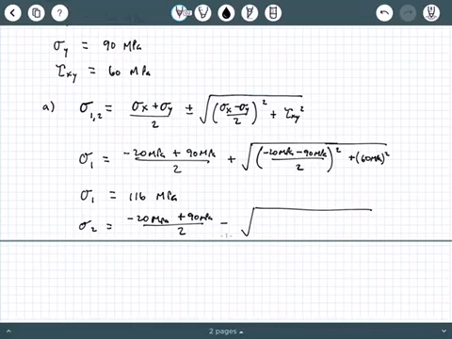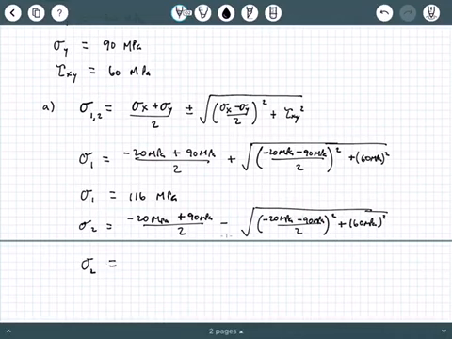So I think you should make sure you check that and make sure you get the same number that I get for sigma 1. And then sigma 2 is going to be a similar formula but with a negative sign. So again, we got negative 20 MPa plus 90 MPa divided by 2 minus the square root of (negative 20 MPa minus 90 MPa divided by 2) squared plus (60 MPa) squared.